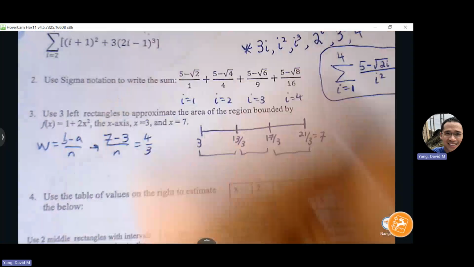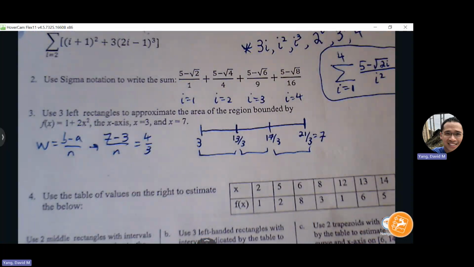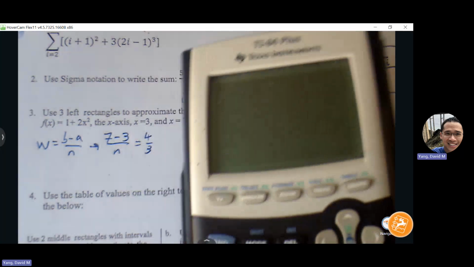Use fractions, yes. You can use parentheses, or if you do alpha y equals, I think some of the newer calculators should be able to handle that.